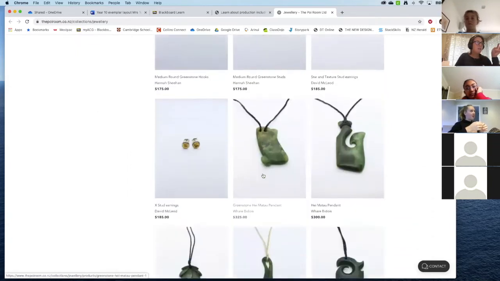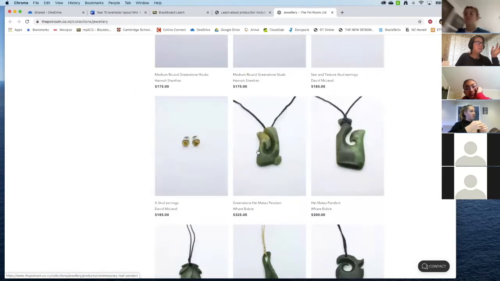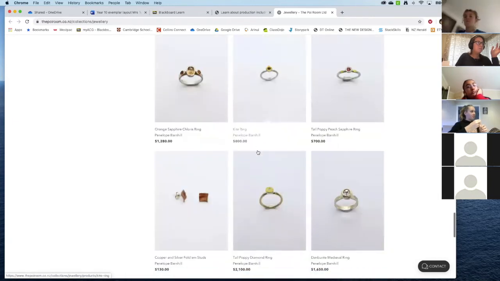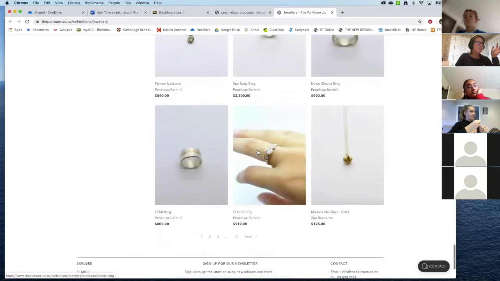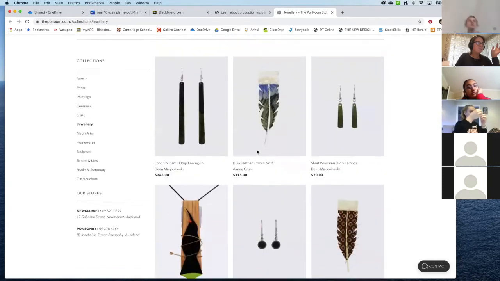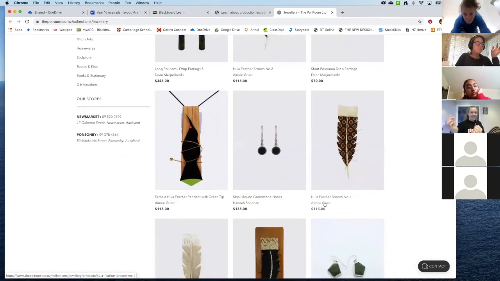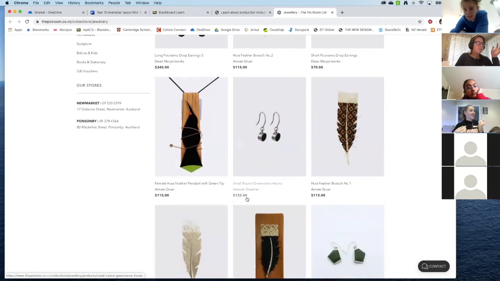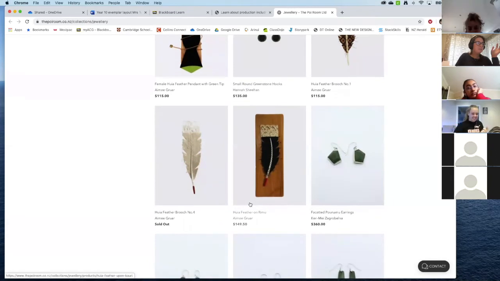So 70, 115. I mean, these are Pounamu, so those are going to be really expensive. We're not making beautiful jewelry, things like that. 135, 150.